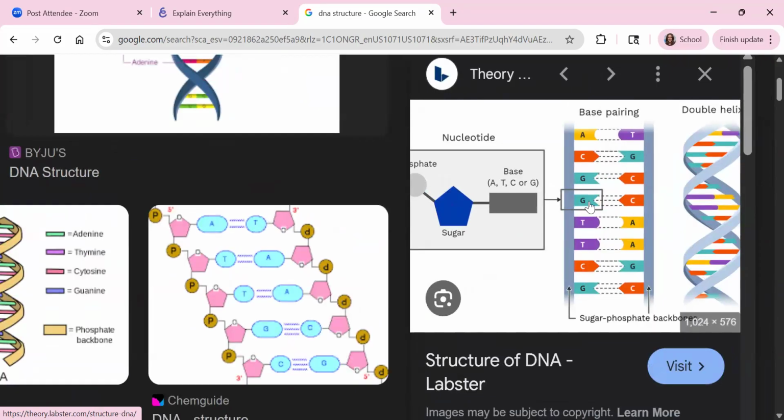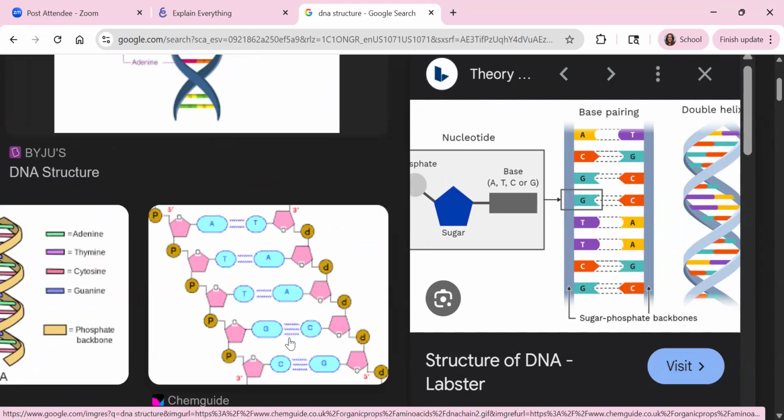One thing to know is that G and C, when they bind like this, have three hydrogen bonds, which means they're stronger. So DNA with more CG content is more resistant to denaturation, which is basically when it breaks apart. We don't want DNA to break apart.